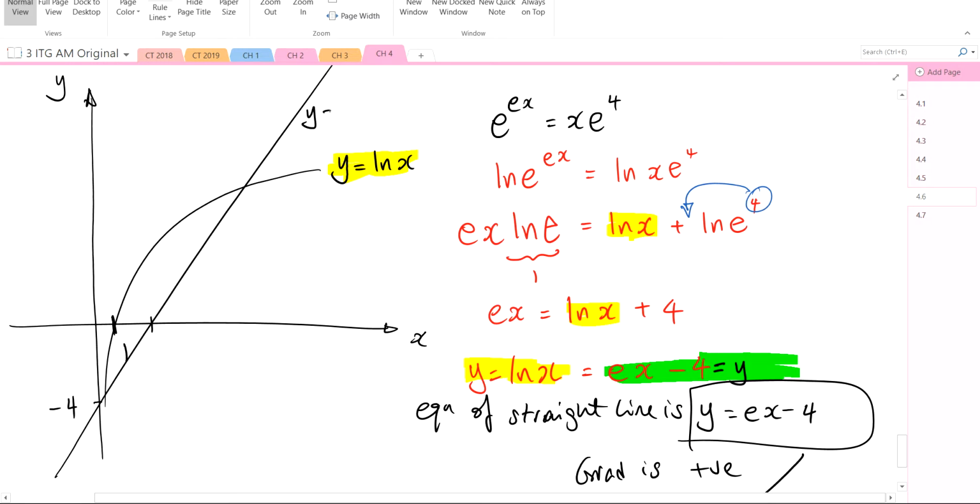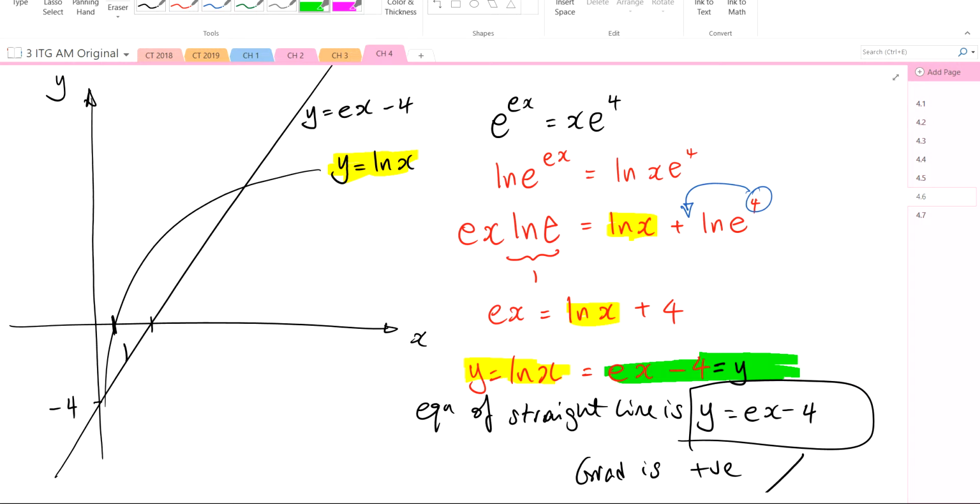So this is my graph of y equals ex minus 4. These are the two graphs to sketch. Now how many solutions do you see? 2 points of intersection. One over here and one over here. So when I solve the green and yellow equations simultaneously, I get 2 solutions.